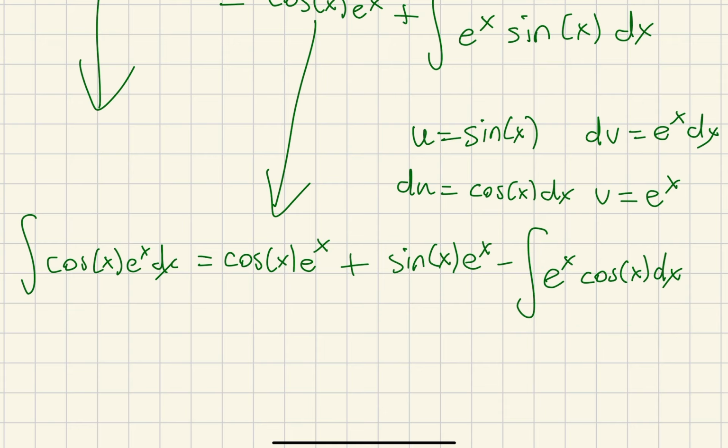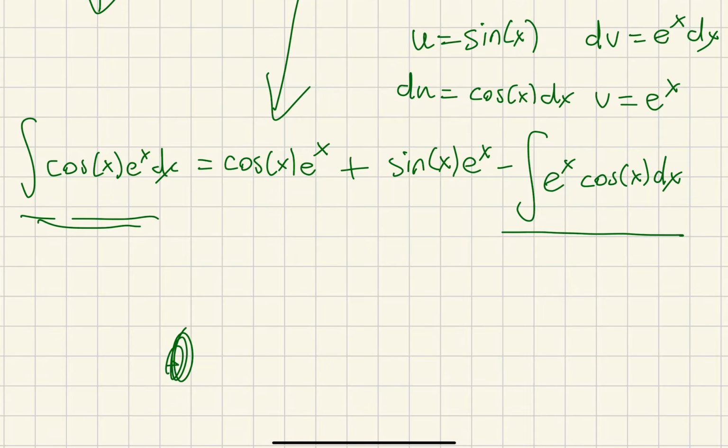But how would you solve this if we can't avoid the repeating integrals? Well, from here, we can see that this integral equals our starting integral. So I could replace this with a new variable.